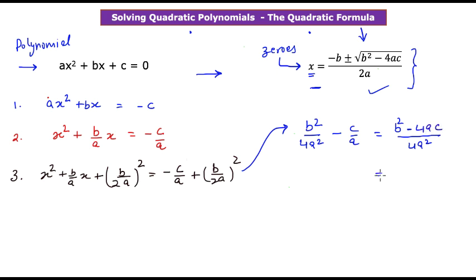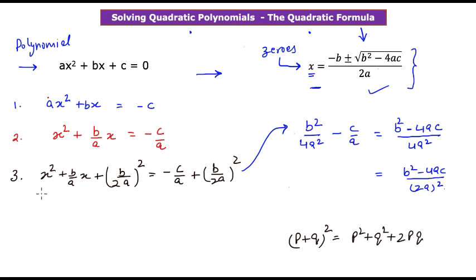Or you can also write it like this: b squared minus 4ac divided by 2a, and the square of that. To simplify the left hand side, I'm going to make use of a standard identity. Let's say I have p plus q and whole square of that. It becomes p squared plus q squared plus twice p times q.